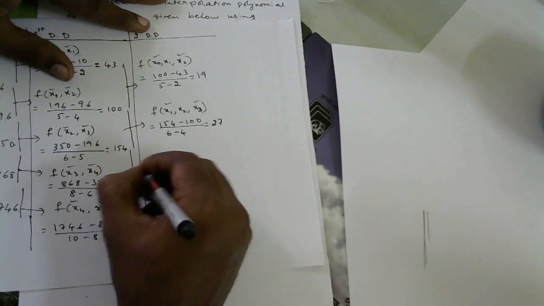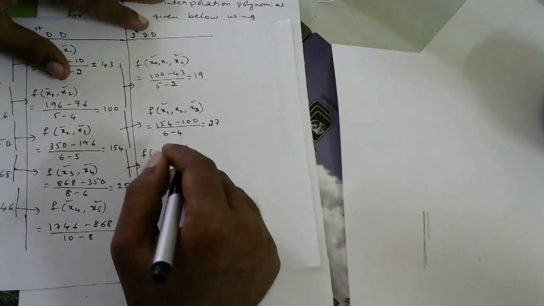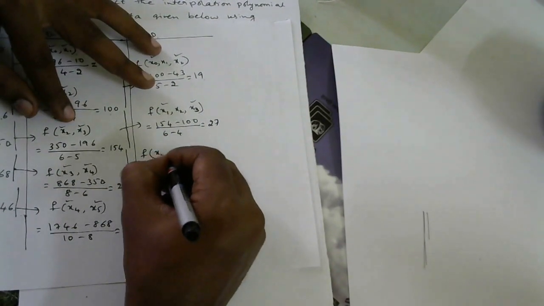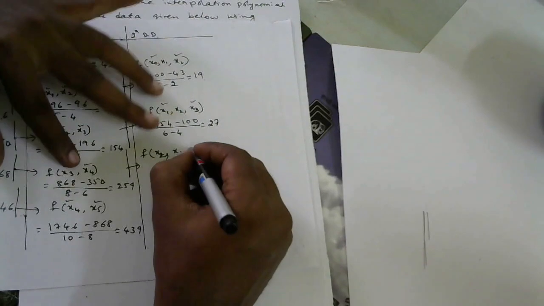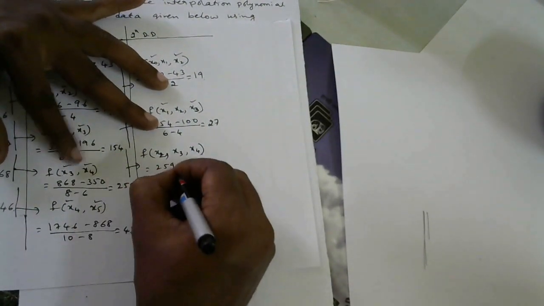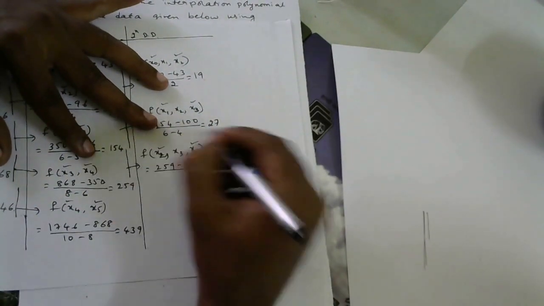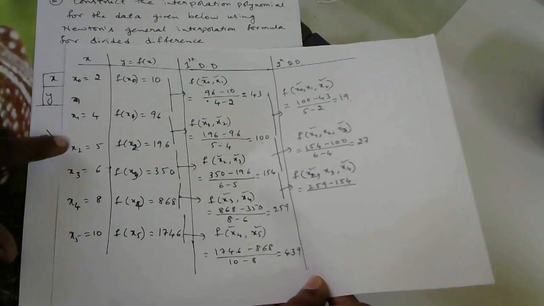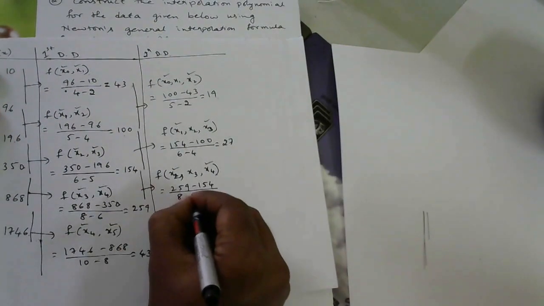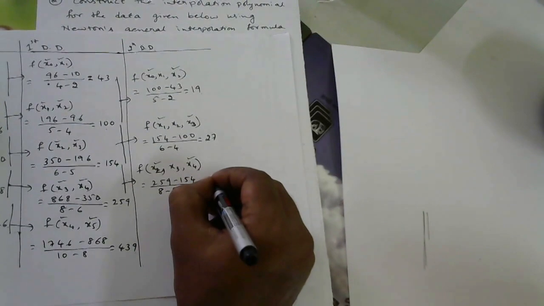And here the next two. So f of x2 comma x3 comma x4 equals 259 minus 154 whole divided by x4 minus x2. So x4 means 8 and x2 means 5. 8 minus 5. So how much will you get here? 35.